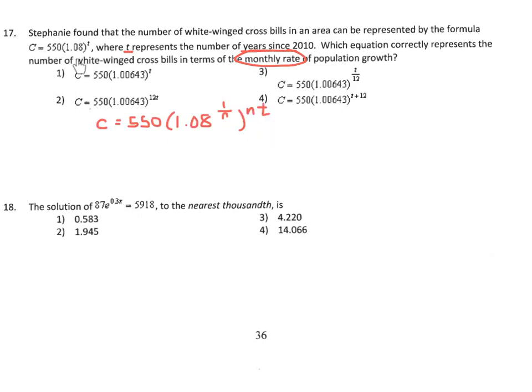We're going to basically just take this equation, and we're going to put the number of months in a year in front of the t, and to compensate for inserting a number there, we're going to put its reciprocal on the inside. So we know that there are 12 months in a year, so n equals 12. So really all we're going to do is take the n's in this formula and replace them with 12s.